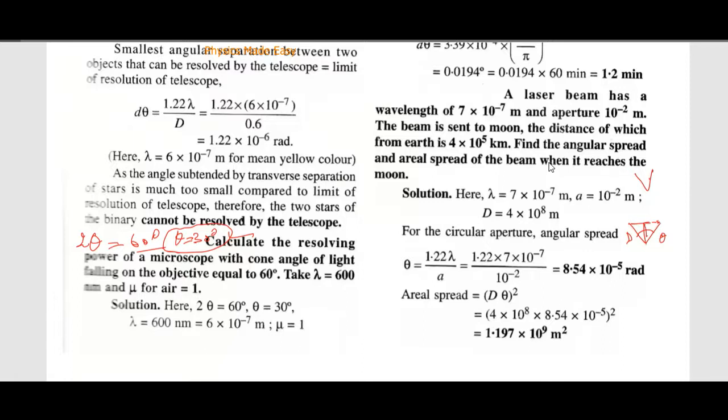Why don't we multiply with pi? Because this angle is in radians. If you take angle in degrees, then you will have to do that. So this will give you the aerial spread. Aerial spread is the base of the cone. Like this.